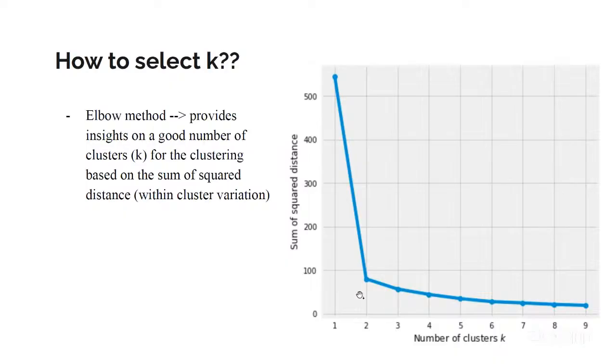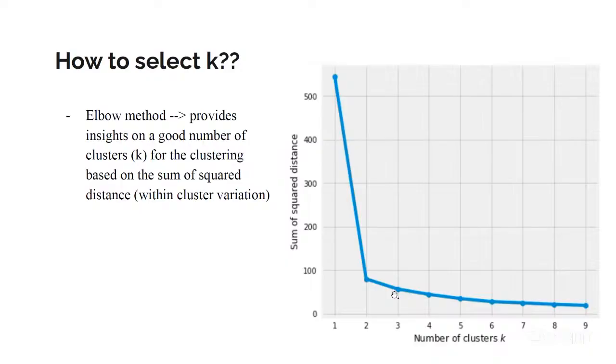As you keep increasing the number of clusters, the sum of square distance keeps decreasing. But as you keep increasing the number of clusters, you also have to do more and more computations. Okay, that's not very efficient. So you need to find a trade-off. You can't keep one because it's very high. You can keep two or three. Either of these should be fine.